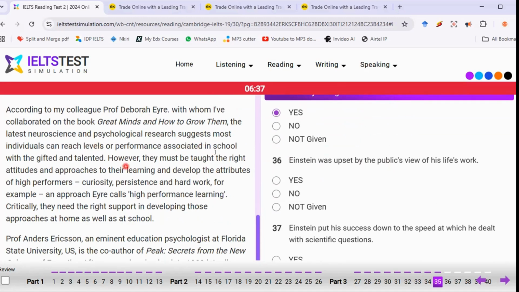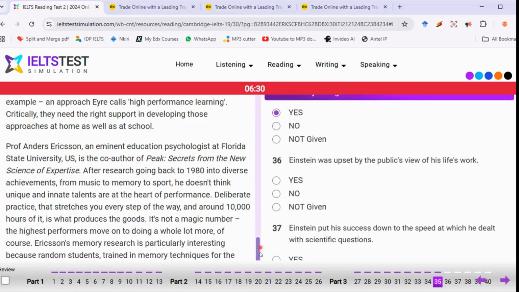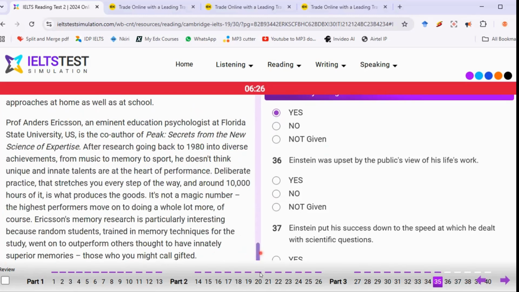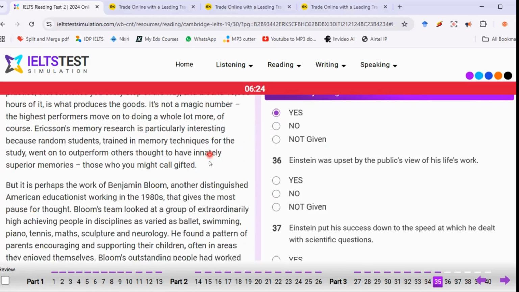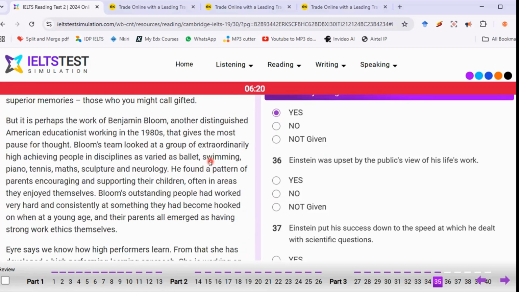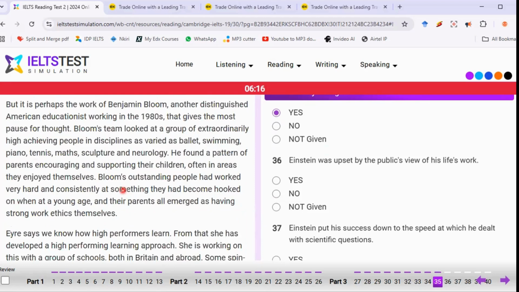However, they must be taught the right attitude. Okay, I can't see anything about Einstein here. Next paragraph, is there Einstein here? Erickson. There's nothing like Einstein here. Next paragraph, Benjamin Bloom. There's nothing like Einstein here.